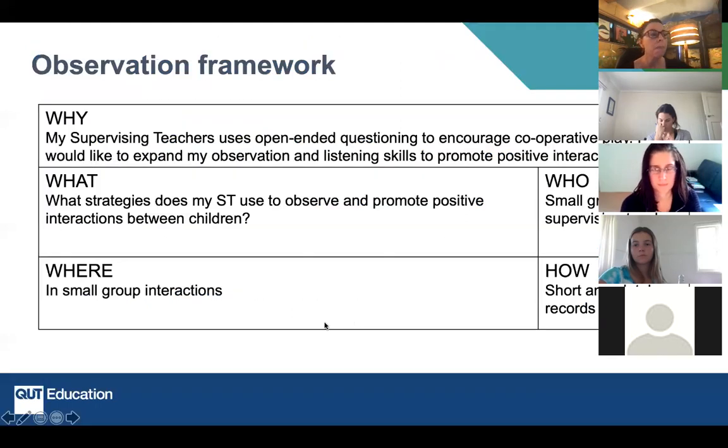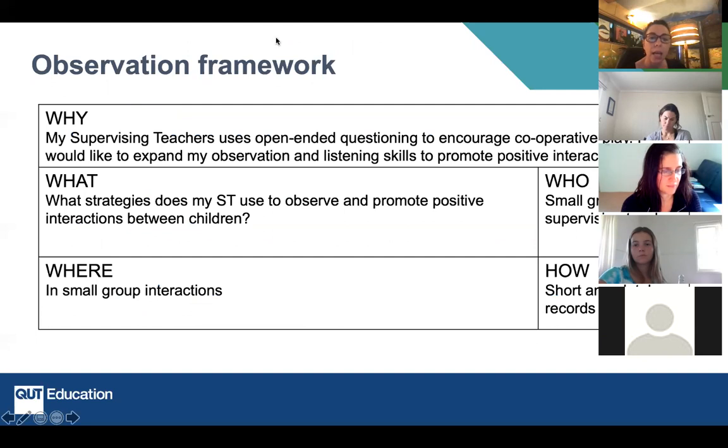So you frame your observation to explain to your supervising teacher the why, what, who, when, and where of your inquiry. As a student on placement, this might be how you set it out.